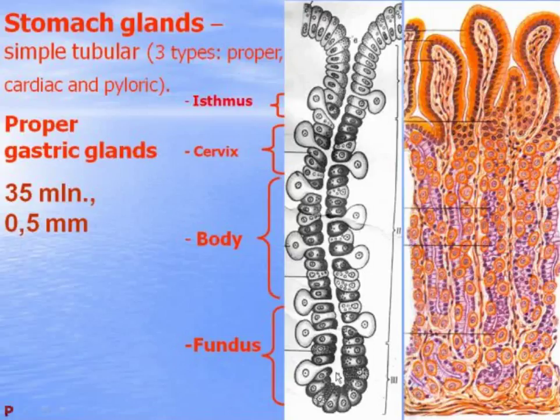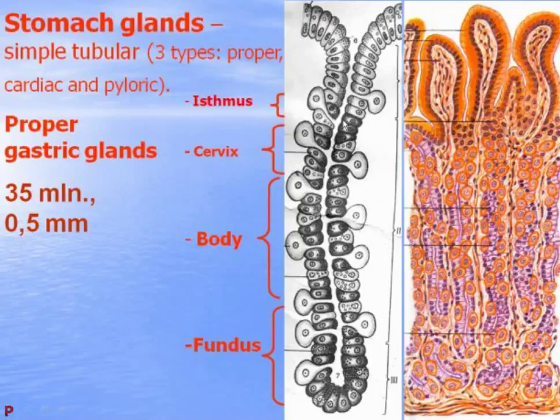They are quite long and consist of 4 parts: isthmus, cervix, body and fundus. The body and fundus are the secretory portion, they produce the gastric juice components, and the isthmus is like a duct which releases the secret into the gastric pit and into the lumen.